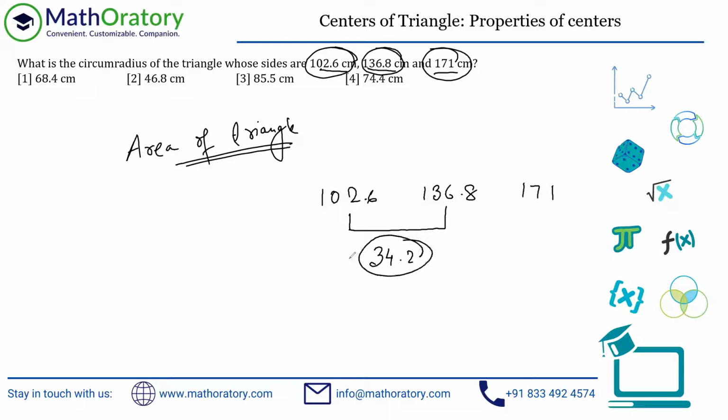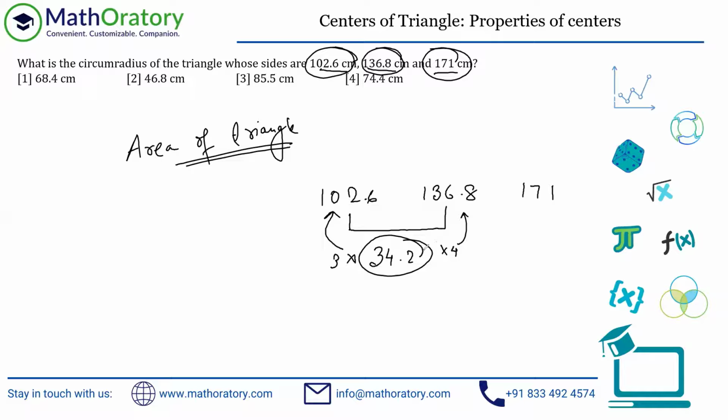If I multiply this by 3, 34 into 3 is 102, and 0.2 into 3 is 0.6, right? So basically, if I multiply 3 to this, I get this number. Now, because the difference of these two is 34.2, this should be 34.2 into 4, right? You can multiply 4 and check this.